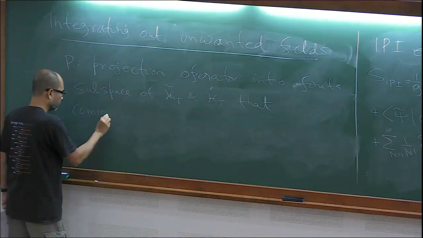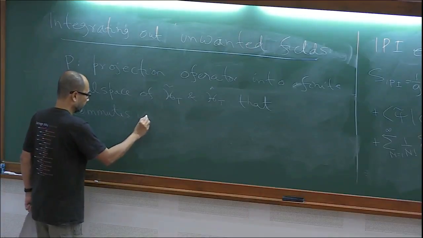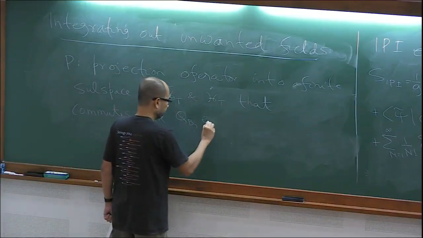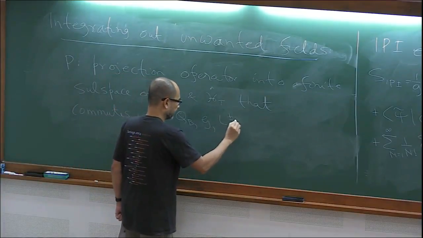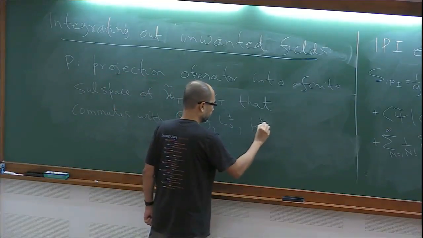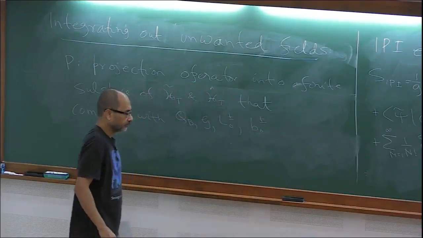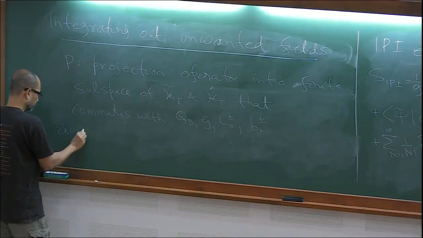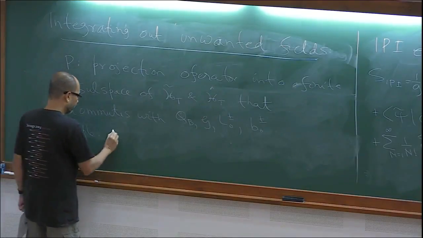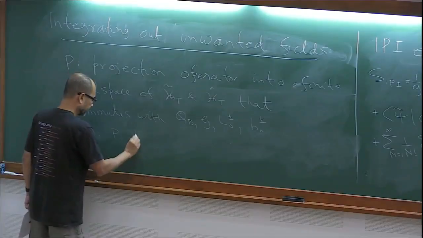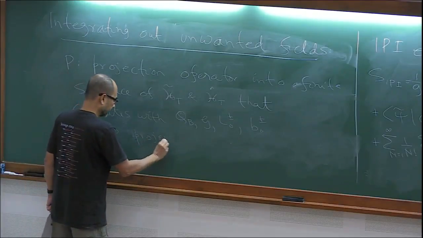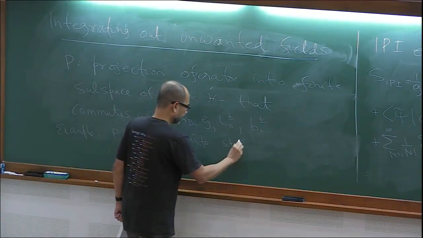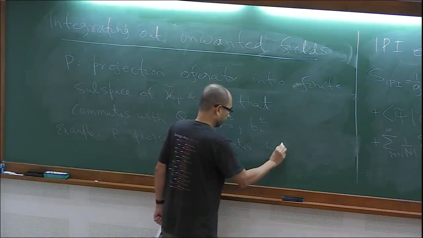This is technically important: that it commutes with Q_B, G, L_0^±, and so on. An example will be that P projects into states below a fixed mass level.